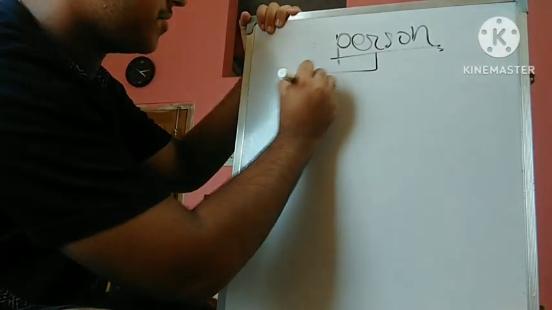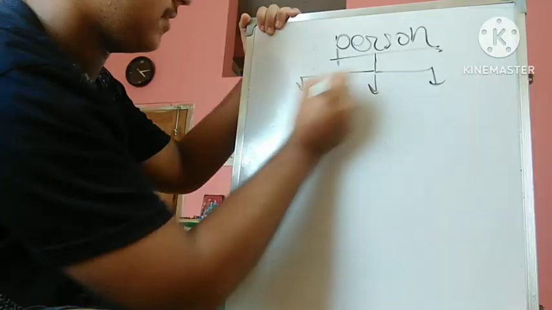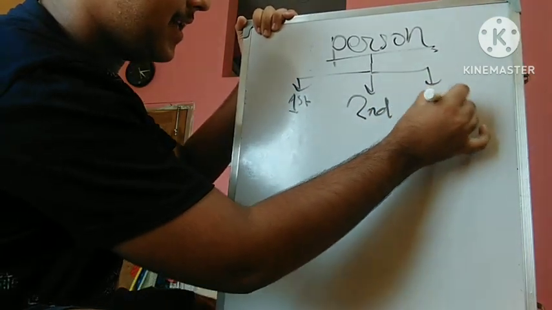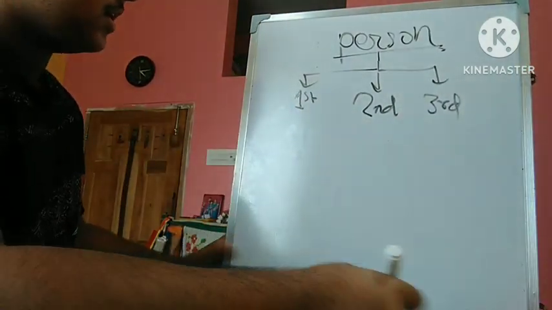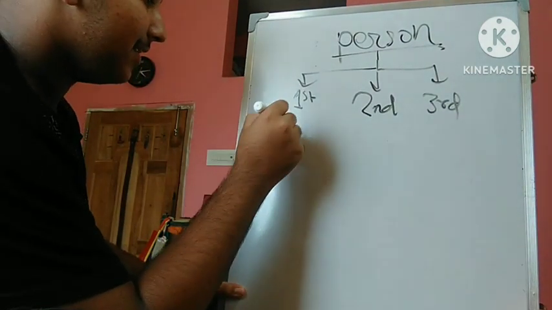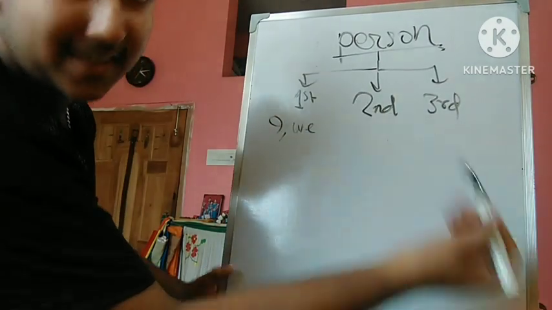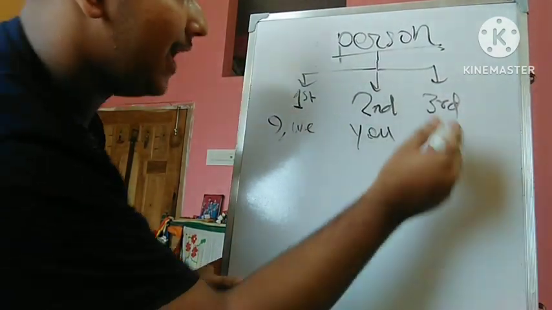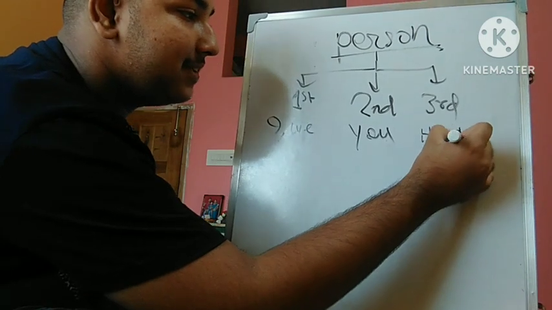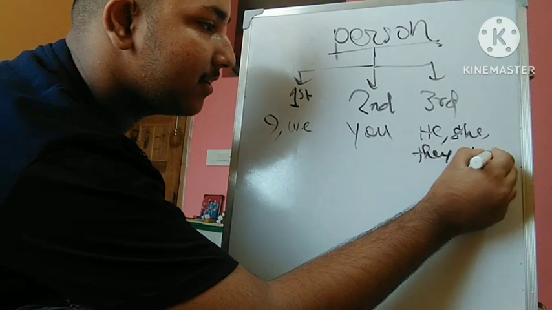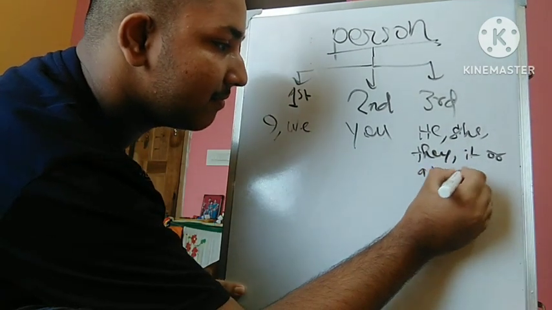Person is of three types, that is first, second, and third person. In first person we have I, we. In second person we have only you, and in third person we have he, she, they, it, or any name.